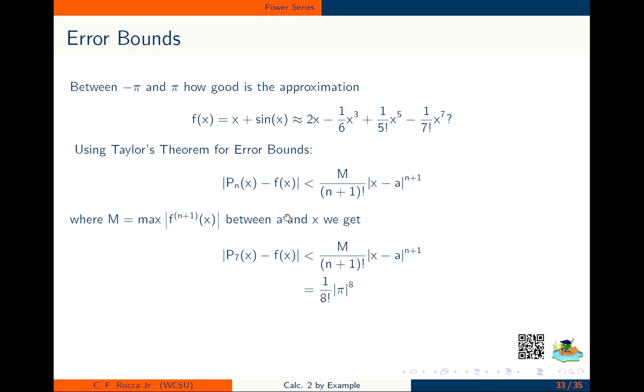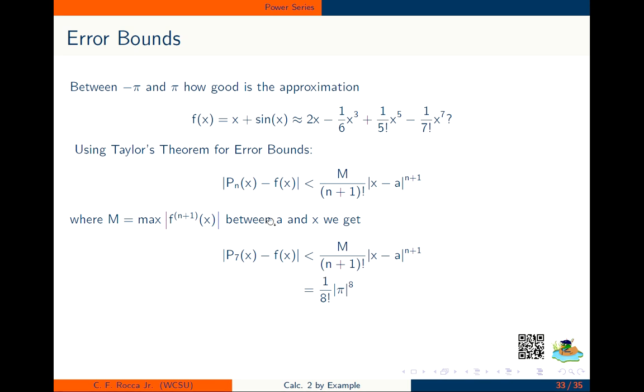Okay, so the eighth derivative is going to be plus or minus sine of x. I don't really care whether it's plus or minus sine of x because I'm looking at the absolute value. And the maximum possible value of sine of x is 1, which means M is 1, which is why I have a 1 here.